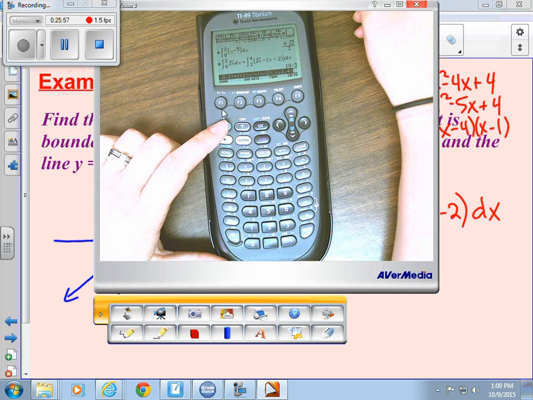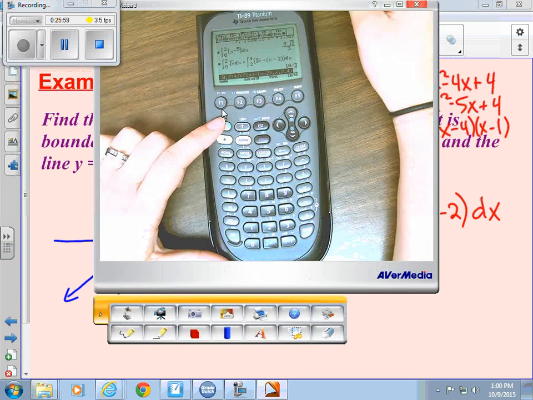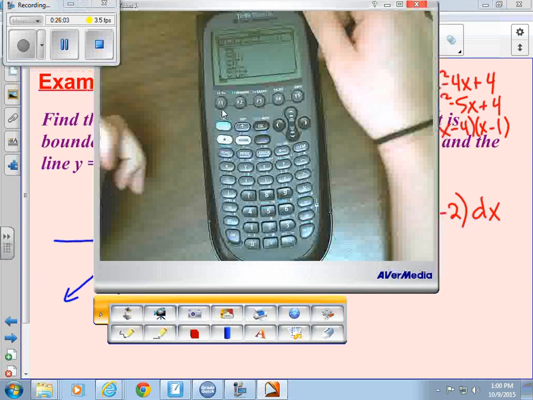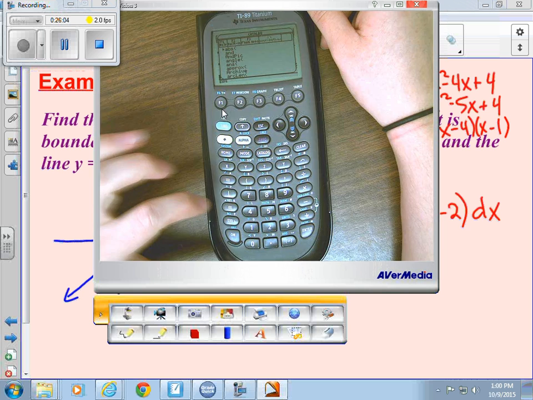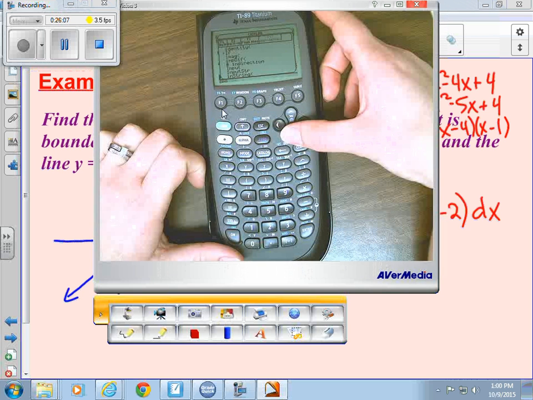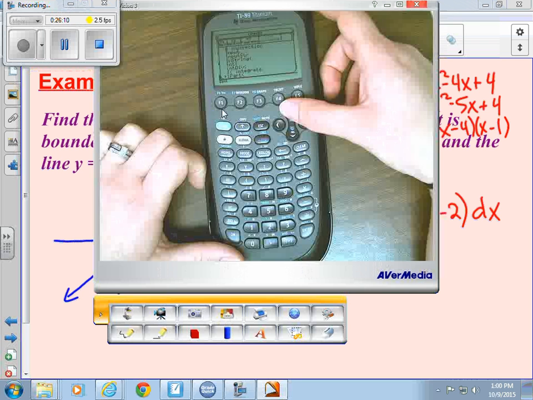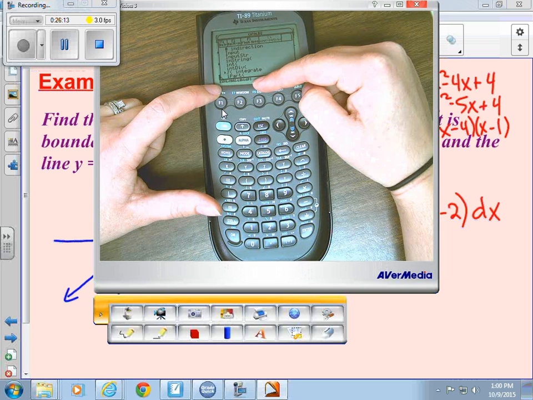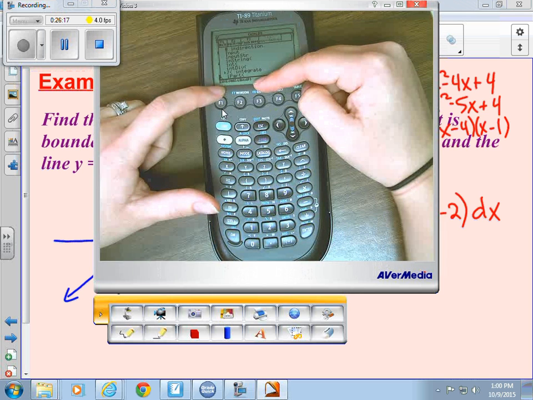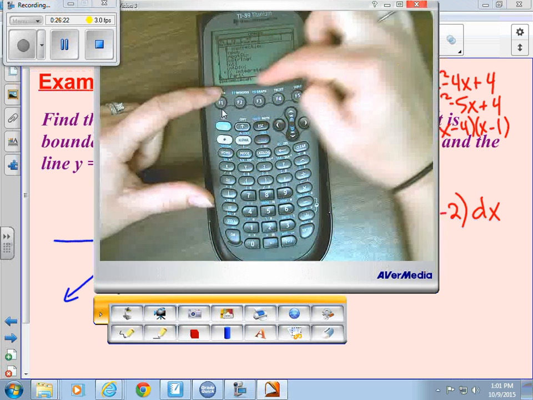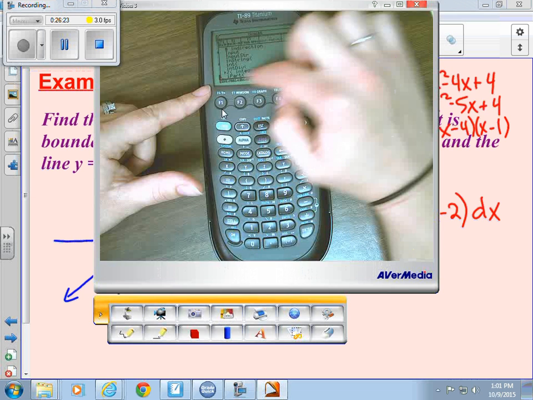Since I have this under here, I do want to show you one quick thing. If you go to your catalog and find something, like the integral thing, integrate, you see that symbol at the bottom? Under catalog, when you're on something, it tells you how to type it in. Y'all listening? Even though you can't see this, I went to the catalog and I just put my cursor on integrate.